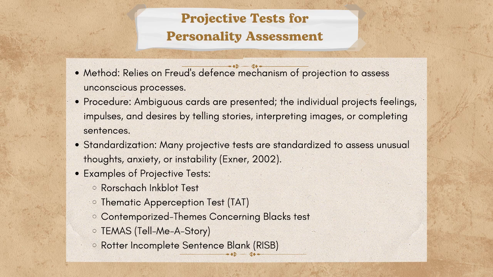Some examples of projective tests are the Rorschach Inkblot test, the Thematic Apperception Test, TAT, the Contemporized Themes Concerning Blacks test, the Tell Me a Story test, and the Rotter Incomplete Sentence Blank, RISB.